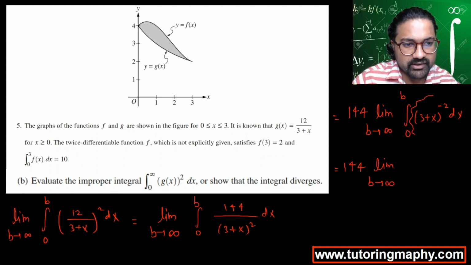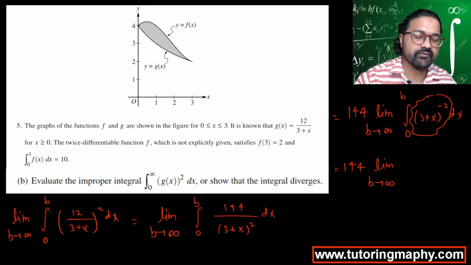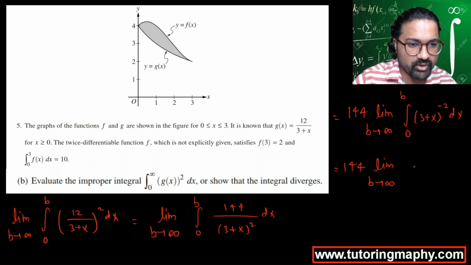Over here I can now apply the power rule of integration. So we're going to add 1 to the power and divide by the new power. So that's going to look like 3 plus x raised to negative 2 plus 1, which is negative 1, over negative 1 within the limits of 0 to b.